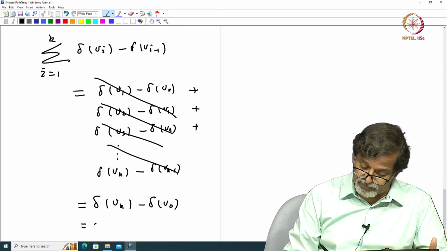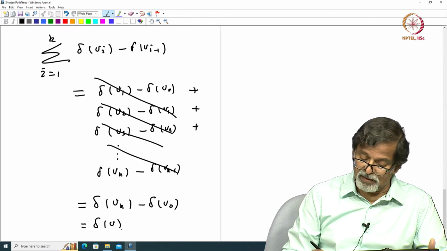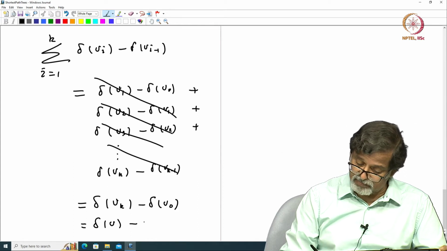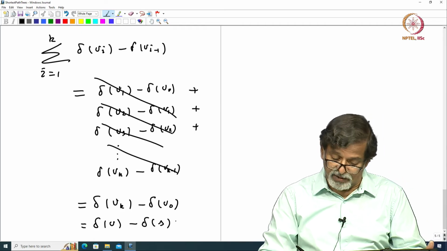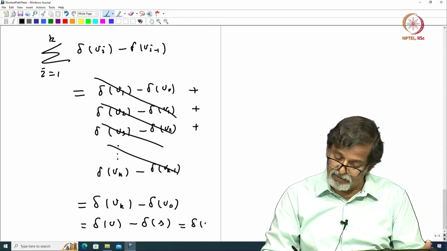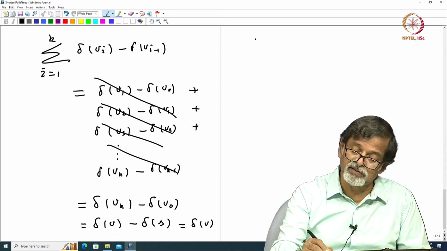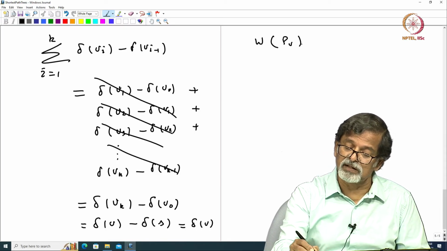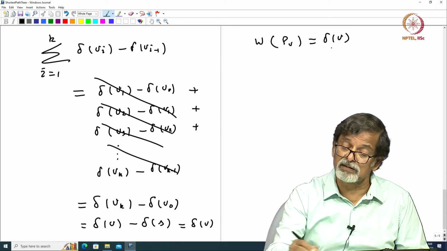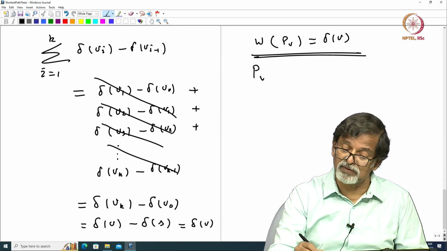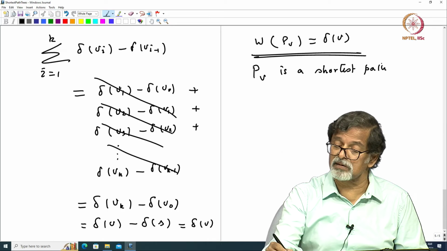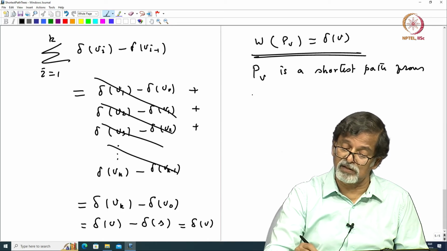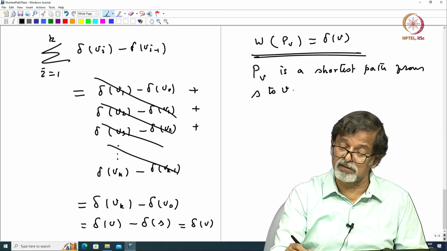Therefore, this is equal to delta V. V0 is S, and delta S is 0, therefore, this is equal to delta V. In other words, weight of PV is delta V. That shows PV is a shortest path from S to V.